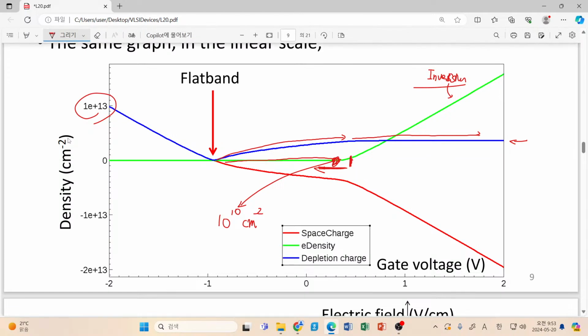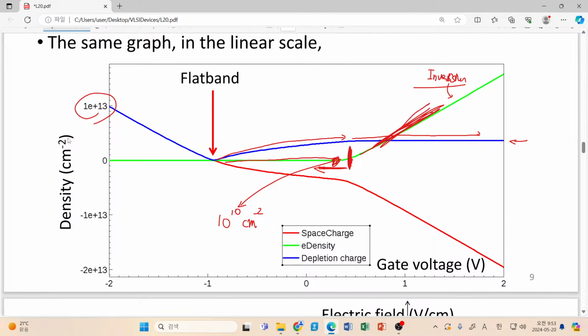However, beyond this point, usually called the threshold voltage, the electronic contribution just dominates the overall charge state. Almost all of the additional negative charge comes from the inversion charges.